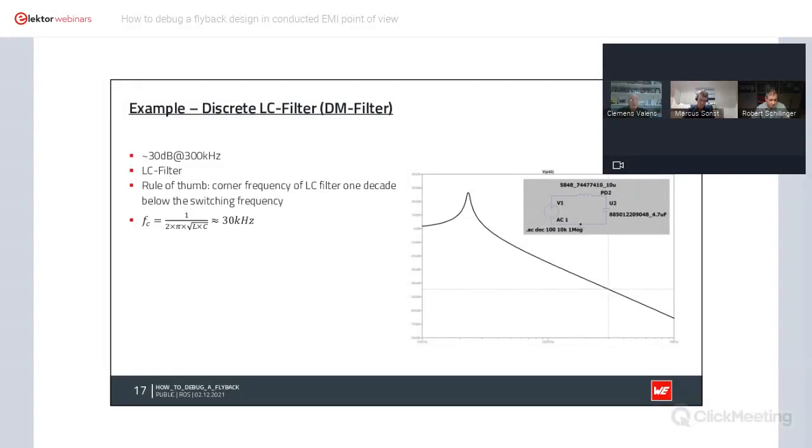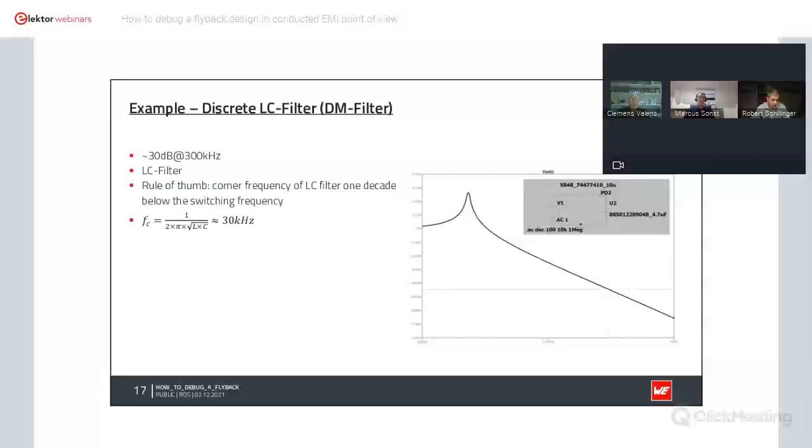The LC filter is calculated by the formula you can see here. FC is the corner frequency of the LC filter, and I set the corner frequency, as a rule of thumb, to 1/10 of the switching frequency, in this case around 30 kilohertz.